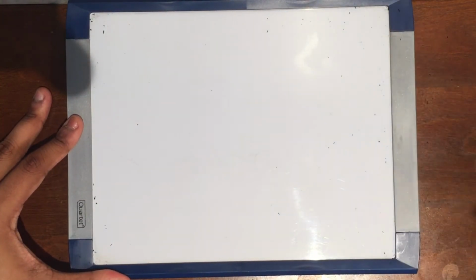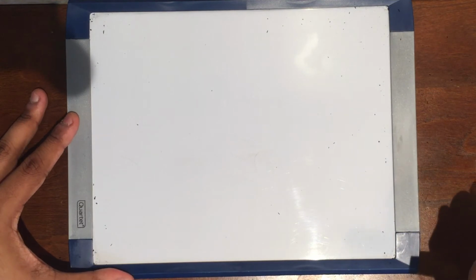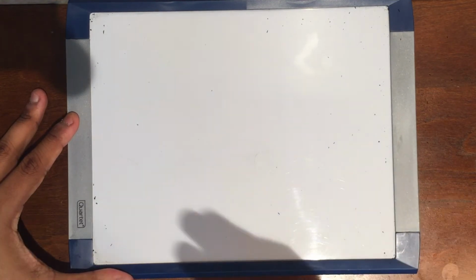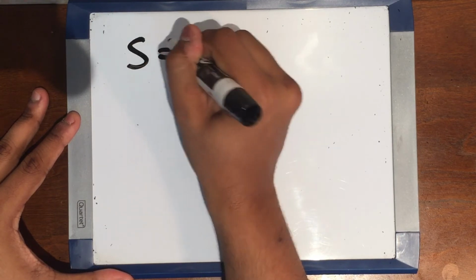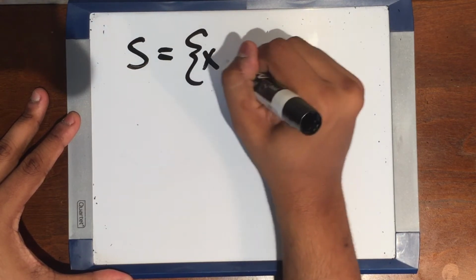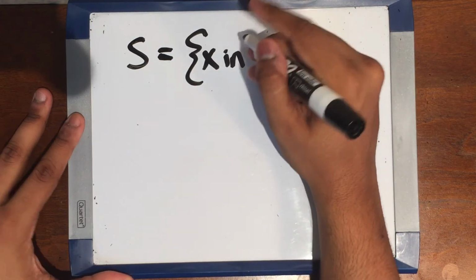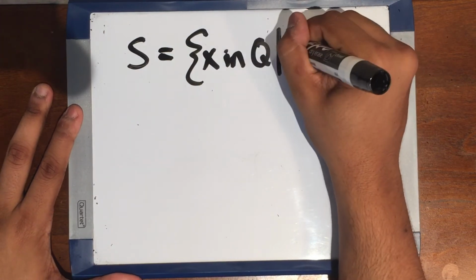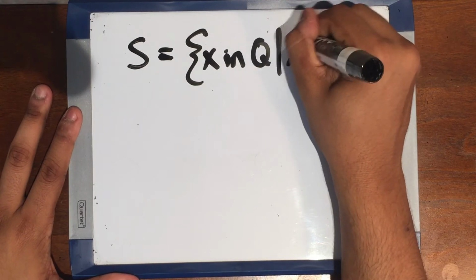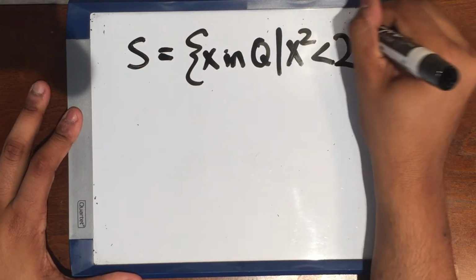So for the rational numbers, let's take the set S, where the elements x are in Q, and such that x squared is less than 2.